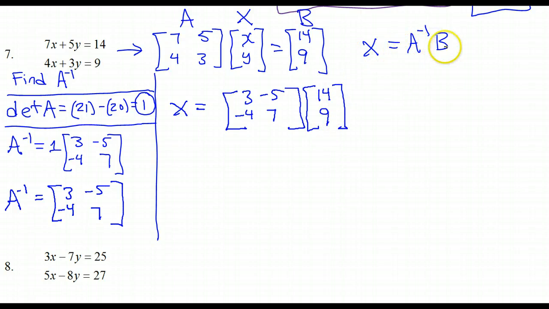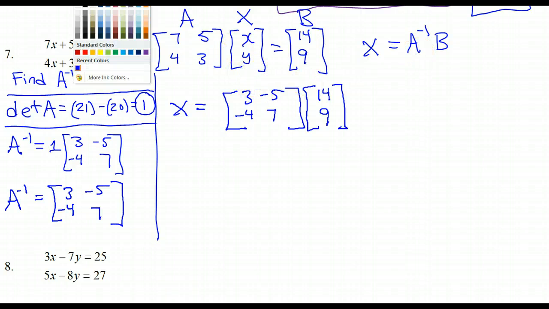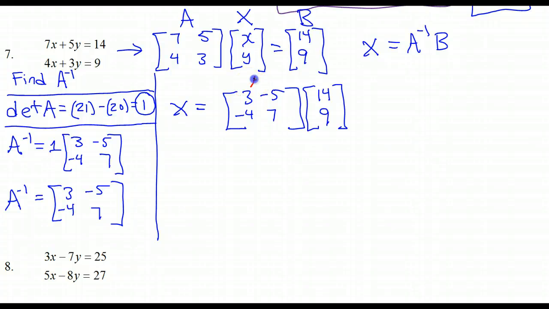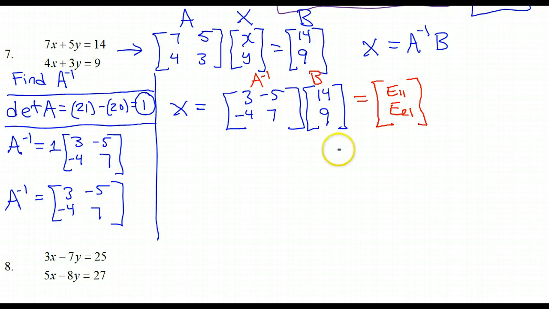X equals A inverse times B. So just to label it up a little bit, this is our A inverse and this is our B. So A inverse times B. Okay, and we know that this is going to form a matrix of this shape, where it's going to be element 1, 1 and element 2, 1. So let's just find those elements one at a time.